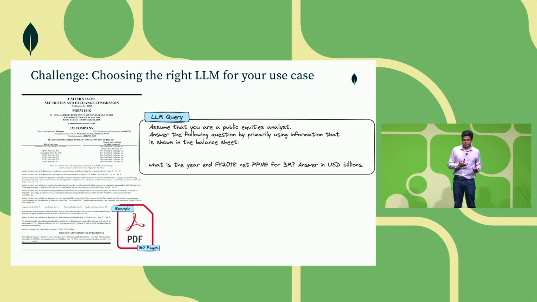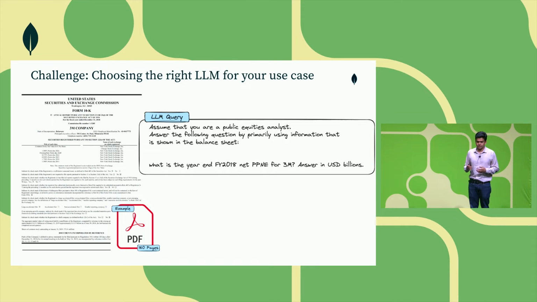Typically, with the RAG pipeline, we combine this with a prompt as part of your LLM query. We want to ground this, so we provide a prompt where the first thing is the role: assume that you are a public equities analyst. And we want to ground it, so we instruct it to answer the question primarily by using information that's shown in the balance sheet, so that it is not going off the rails and you can be sure it is grounded in truth.